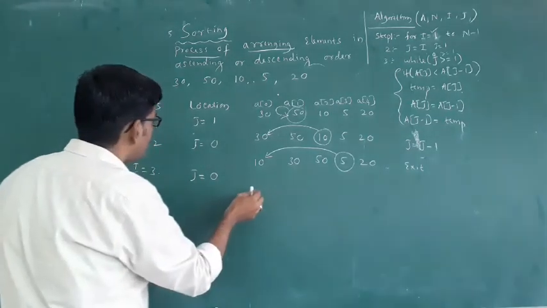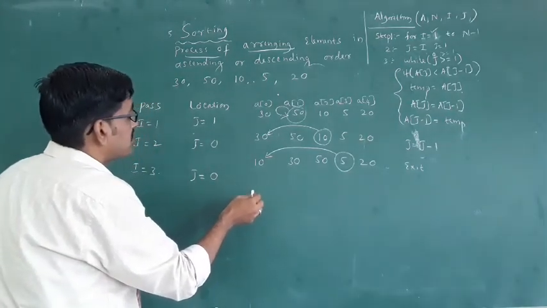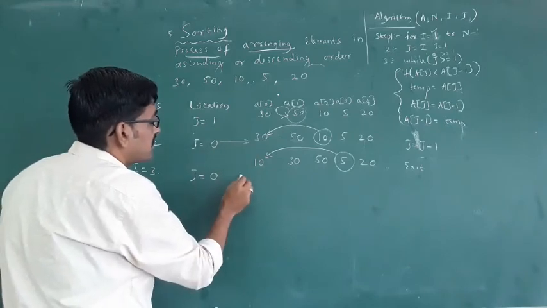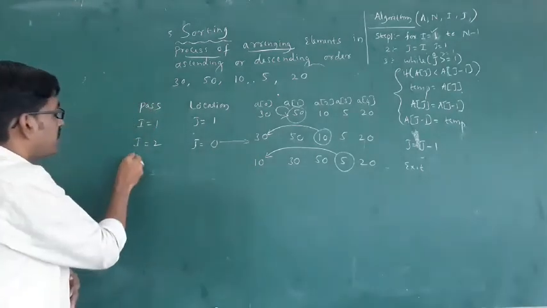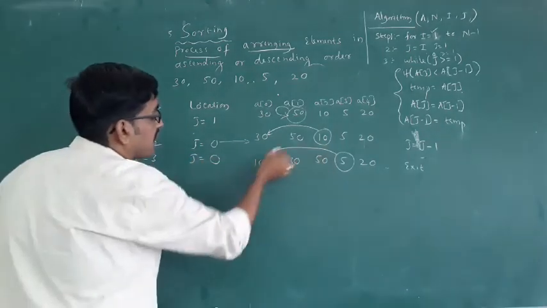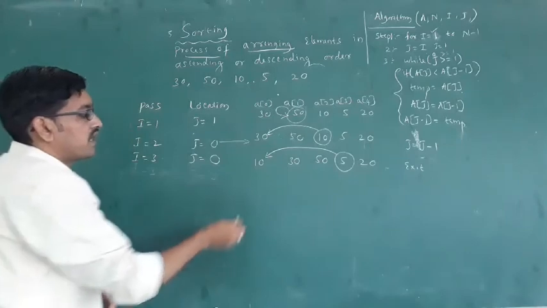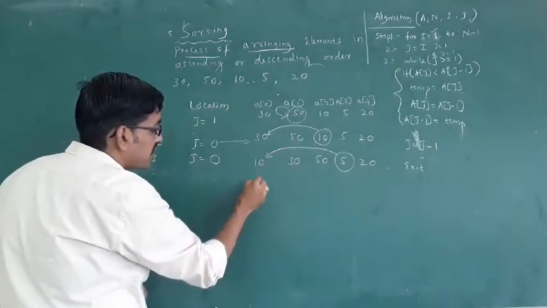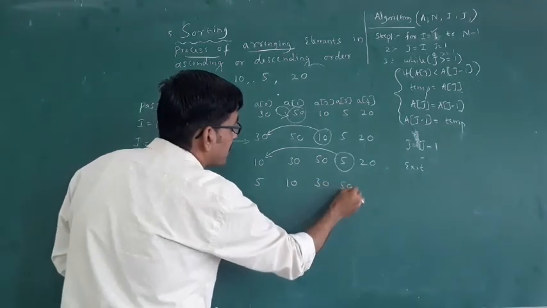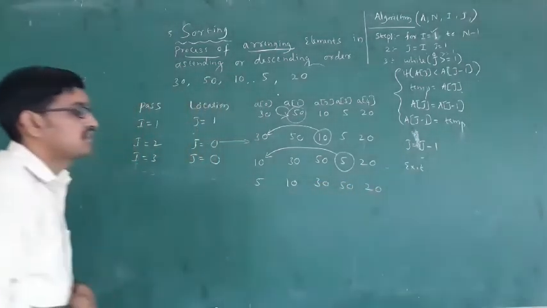Then i equal to 3, j equal to 0 position, if you put 0, then 5 comes here: 5, then 10, then 30, then 50, then 20.